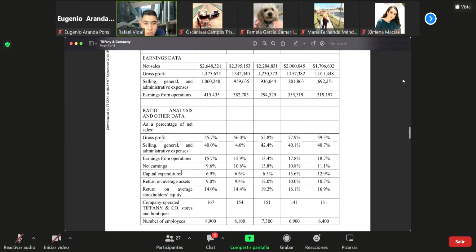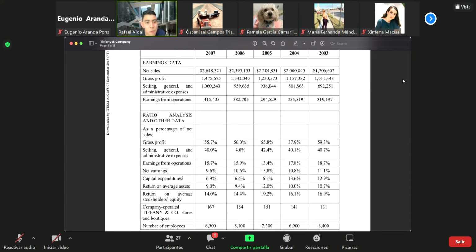That's not good. Net capital expenditures means how much money we are spending, in this case on expansion, or it can be on renewing our locations, renewing our catalogs, all the money you need to improve or create more stores, for instance.